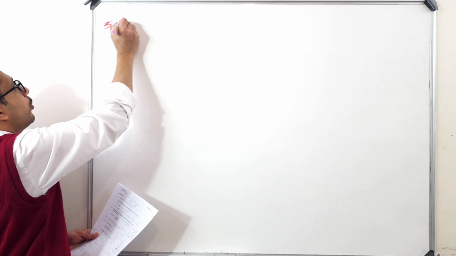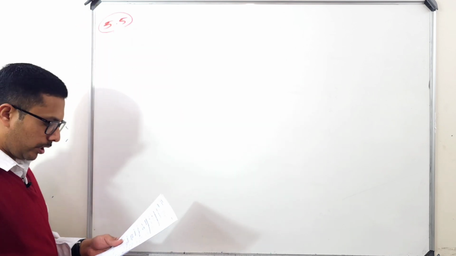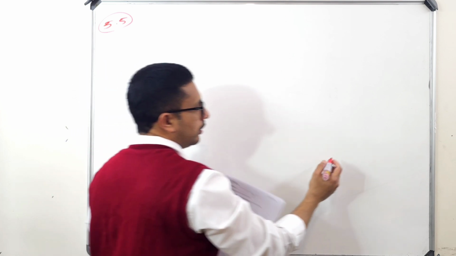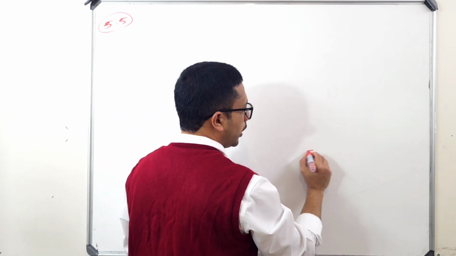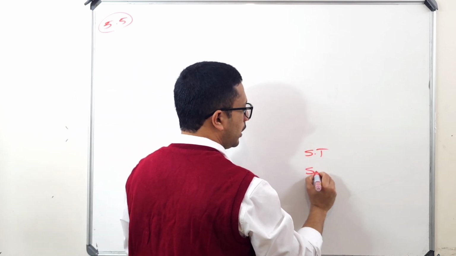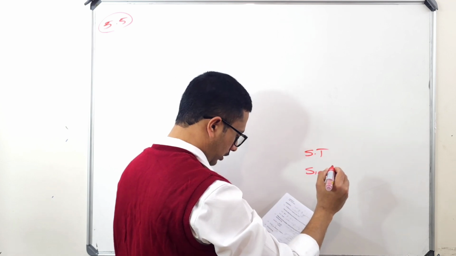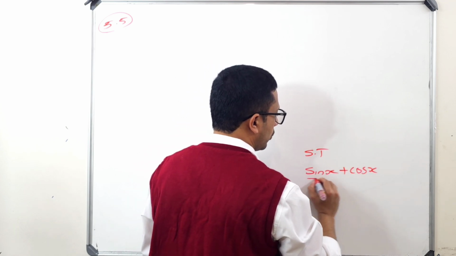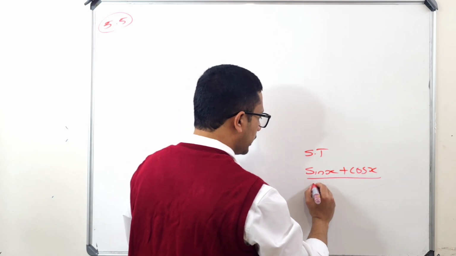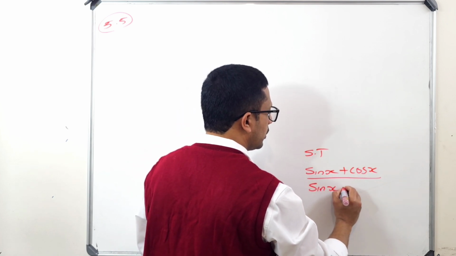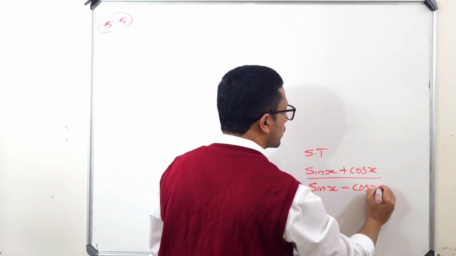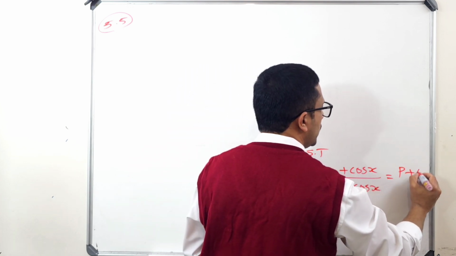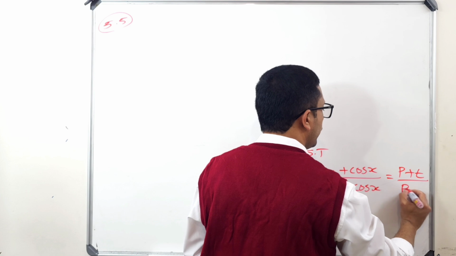Question number 5.5. So in this question, what we have to prove here, guys, you have to show that, let me write the question here, show that sin x plus cos x over sin x minus cos x is equal to p plus t over p minus t.